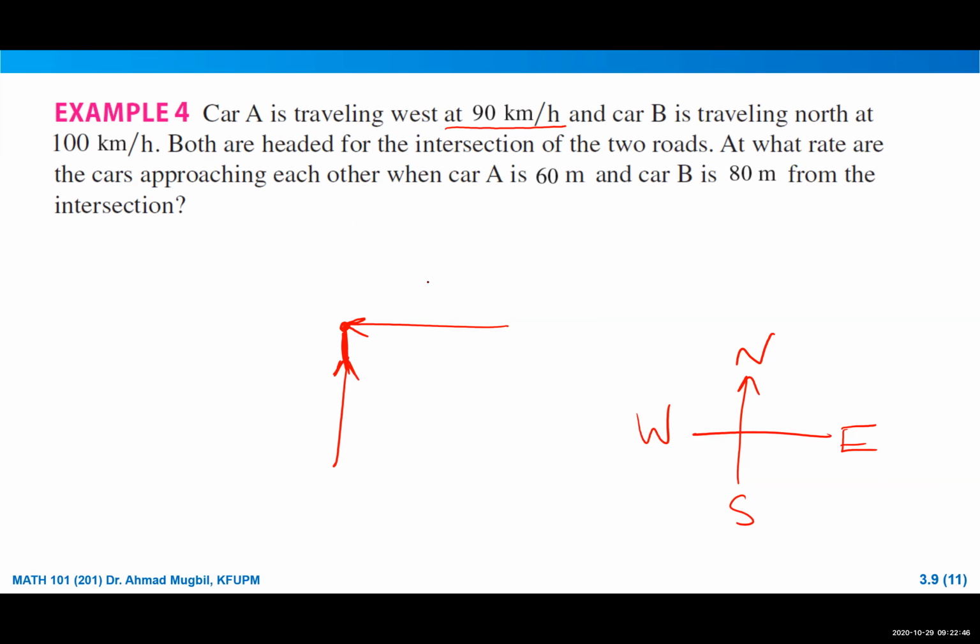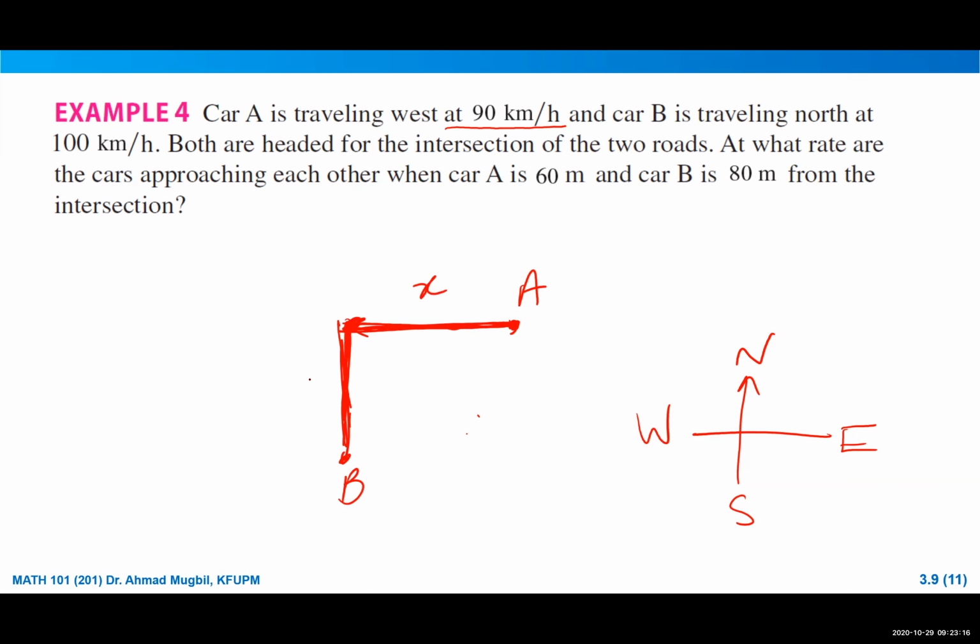At what rate are the cars approaching each other when car A is 60 meters and car B is 80 meters from the intersection? So, if this is car A and this is car B, after some time the distance from here to here will be a variable. It will change, and this will also change.